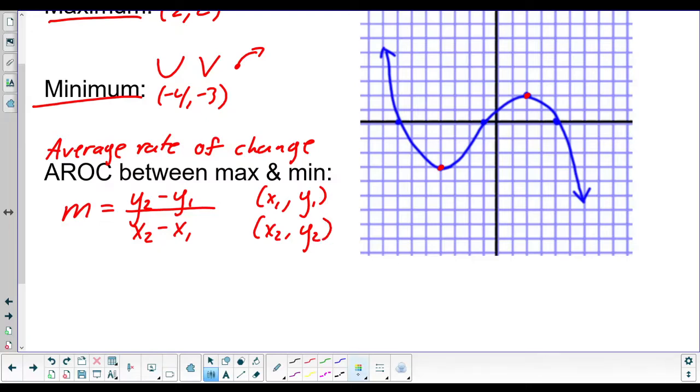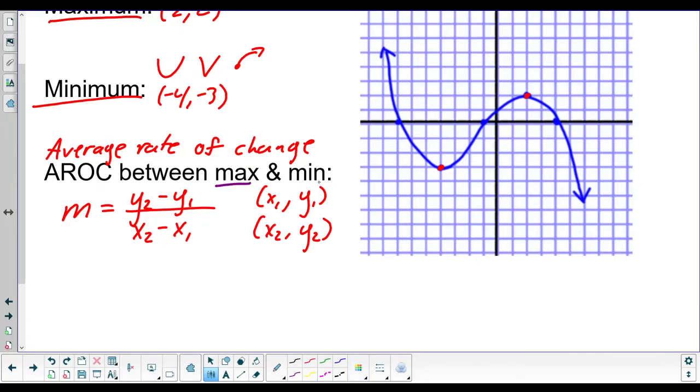You'll know you have these set up correctly because the 2's will be stacked and the 1's will be stacked, meaning the ordered pair will be stacked on top of itself. If you have like a crisscross like that, you've done it wrong. Okay? So it doesn't matter really which point is 1 and which point is 2. Someday it might, but for you, not really.